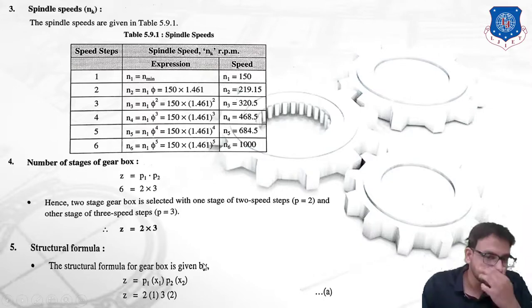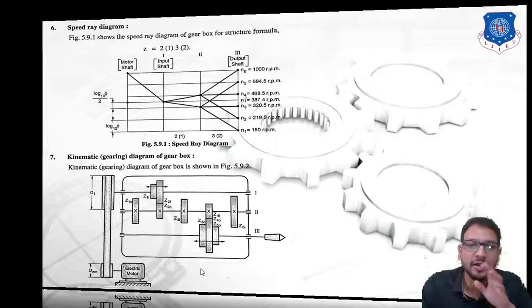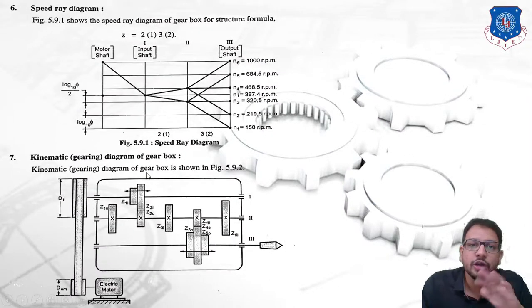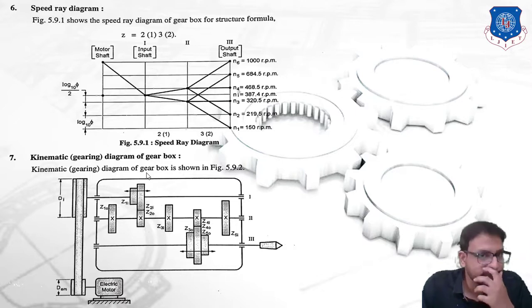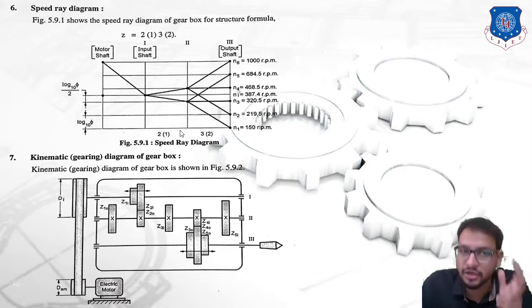Okay, now let us proceed further. We have found the structural formula. Now, corresponding to this structural formula, we can determine a speed diagram, that is the speed ray diagram. Here you can clearly see three shafts: input shaft, intermediate shaft, and output shaft. This portion represents our structural formula. Now, since we know the difference between a speed diagram and a structural diagram, in a speed diagram we need to add a motor shaft.